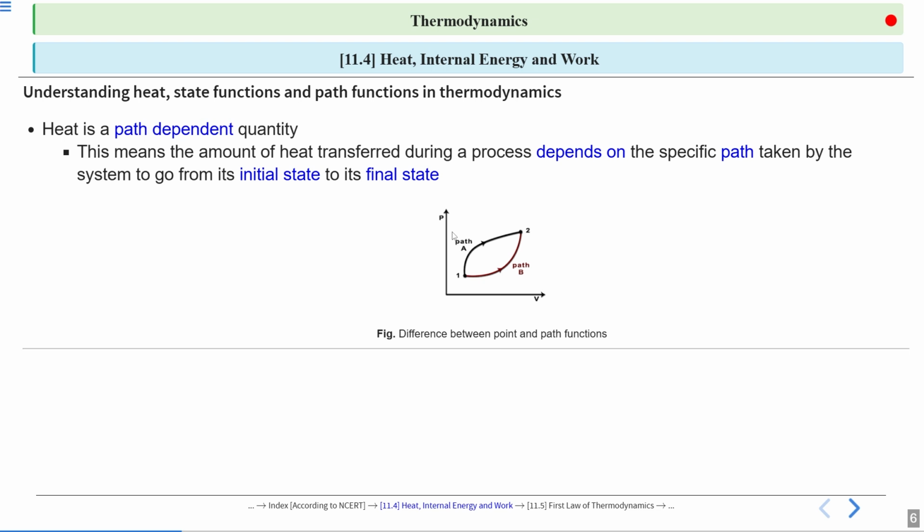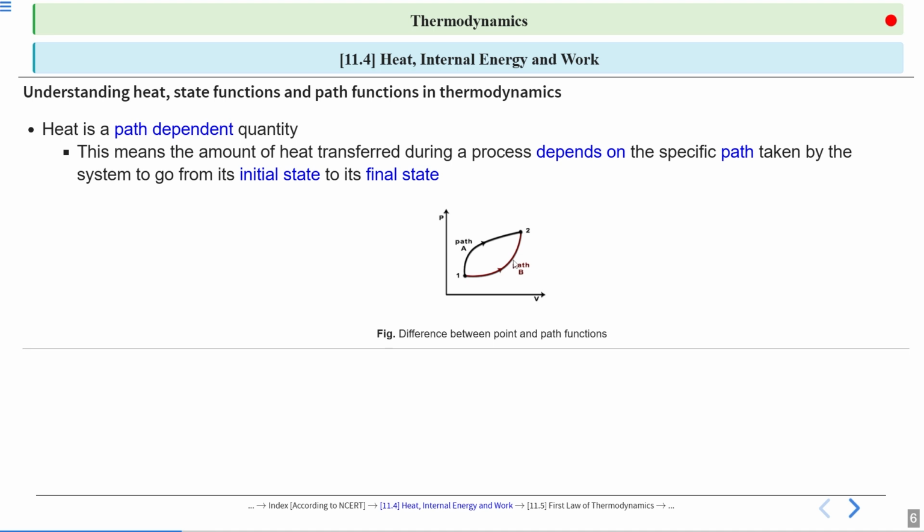It means here we have two paths, path A and path B. All right. The initial state is 1 and the final state is 2. Now, if the process goes by path A and the second process by path B, in both cases heat will be different.